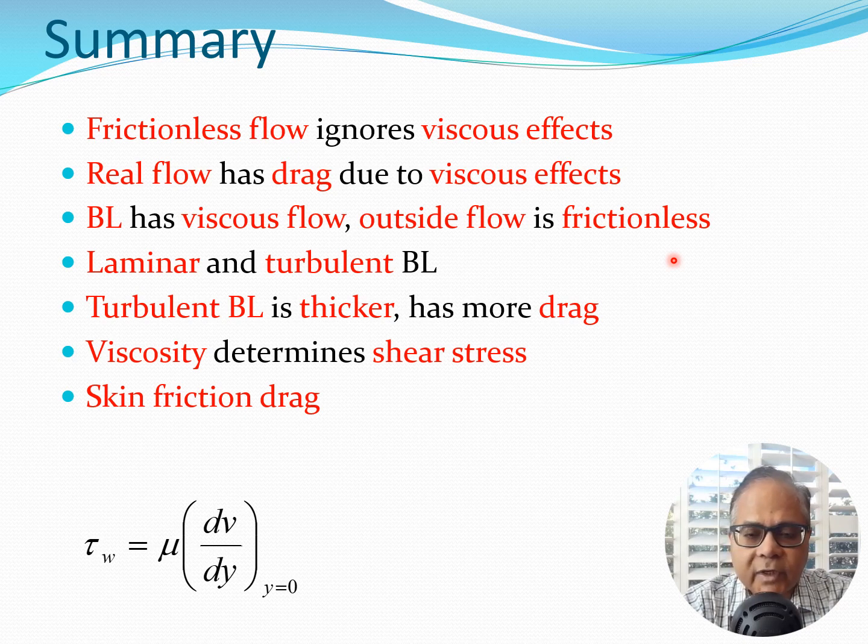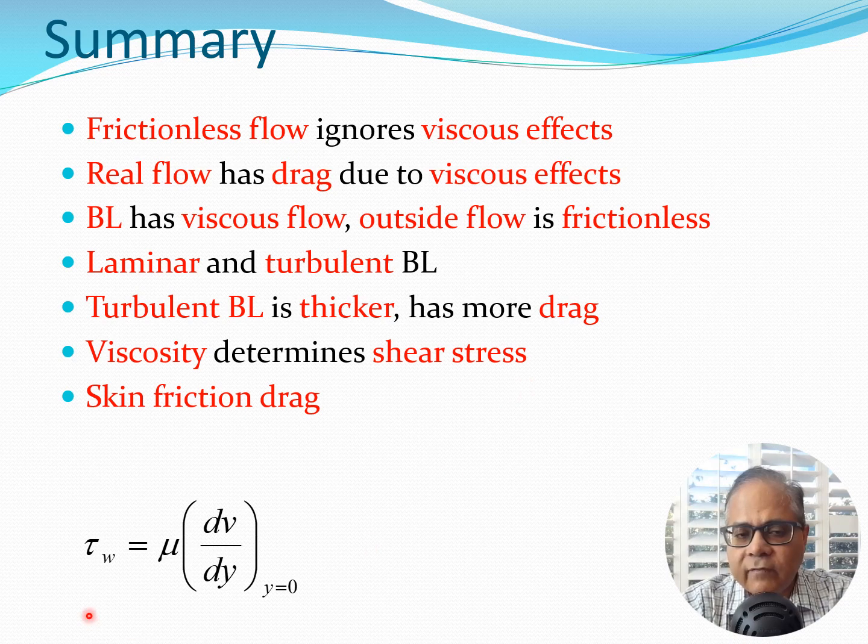This is one of the major conceptual points made in fluid mechanics, which let us model the fluid in a much simpler manner. We also saw that the boundary layer has two types: a laminar boundary layer and a turbulent boundary layer. The turbulent boundary layer is thicker, has more drag, and viscosity determines the shear stress.